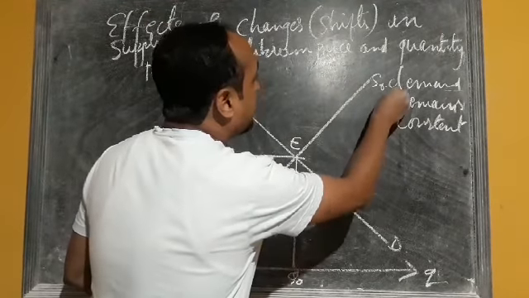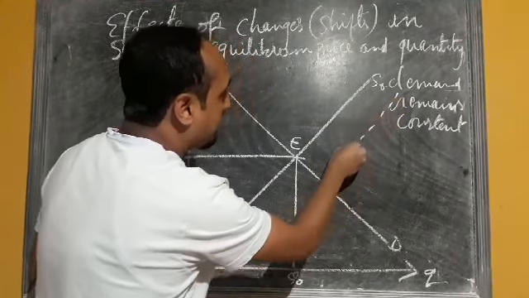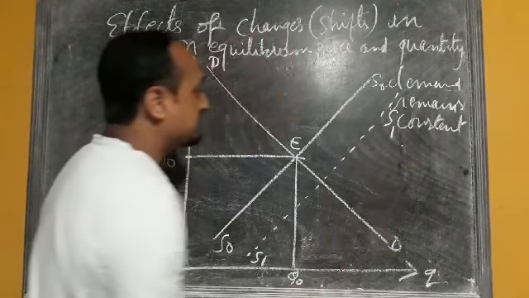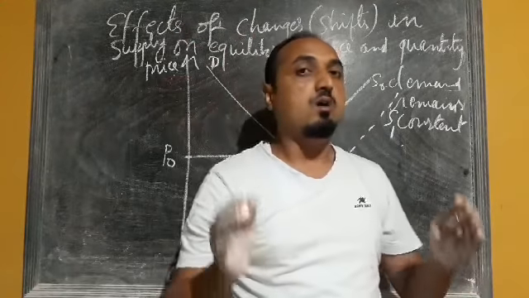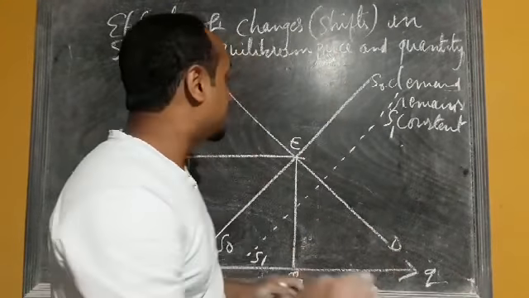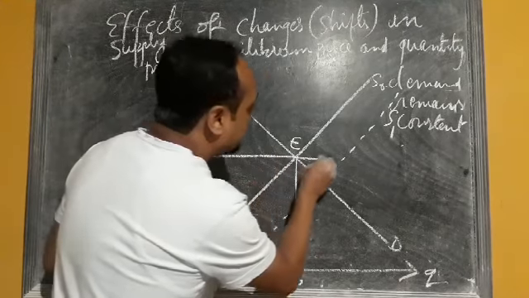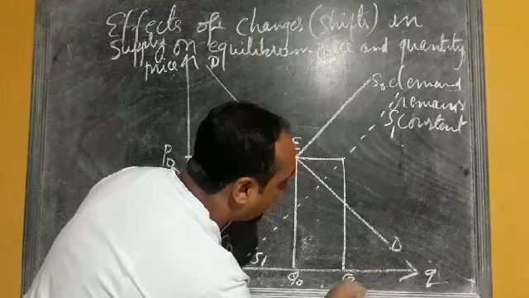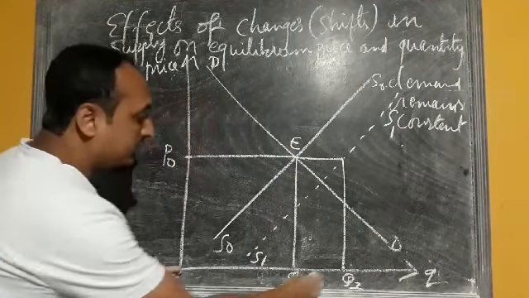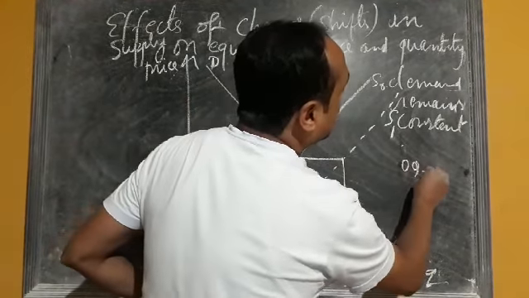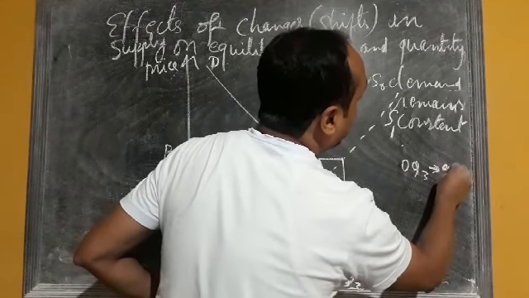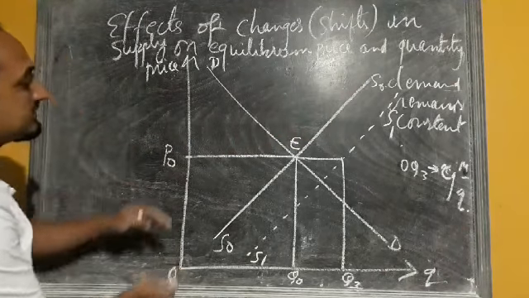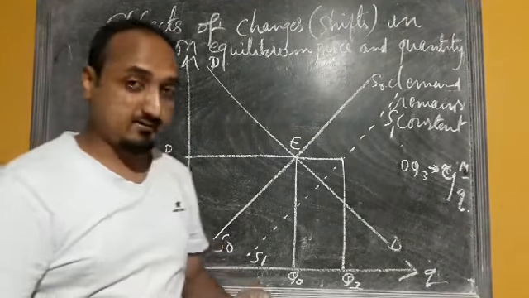Now suppose we have new supply curve S1. So at S1, if we consider the initial price, we can see that the quantity supplied will be OQ3, and OP0 is the equilibrium price.